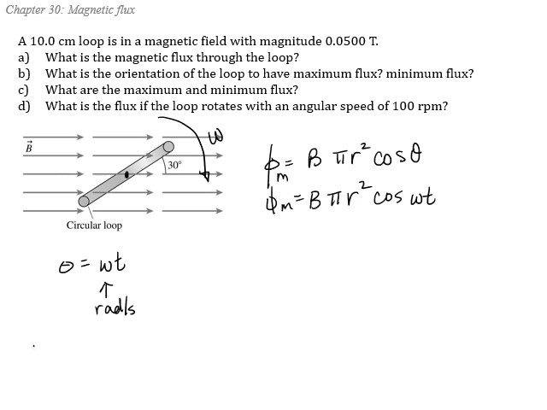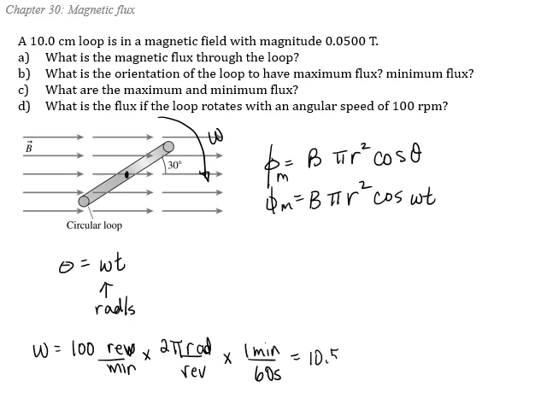We've got omega as 100 RPM, where an RPM is revolution per minute. We want to convert to radians per second, so we remember there are 2 pi radians in a revolution, and there's 1 minute in 60 seconds. That gives us 10.5 radians per second.